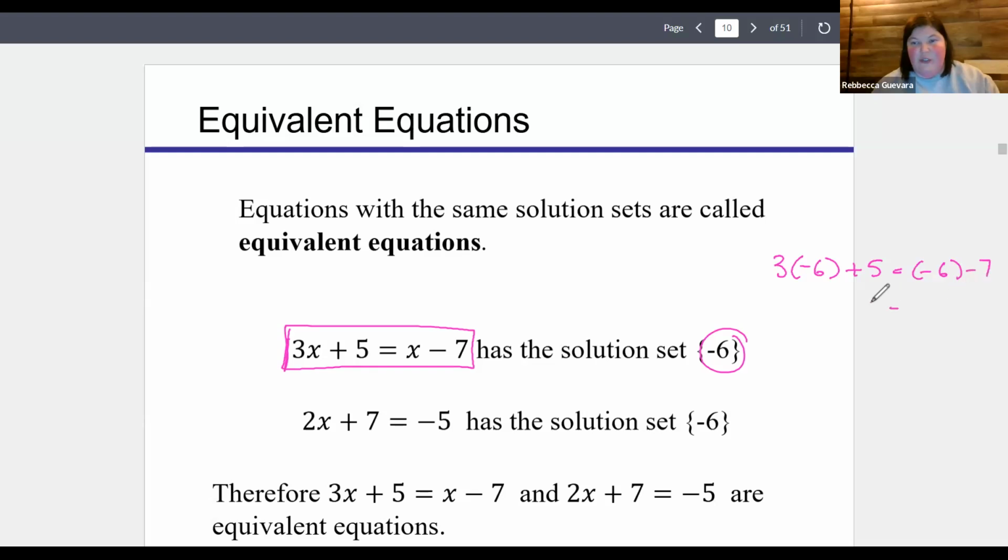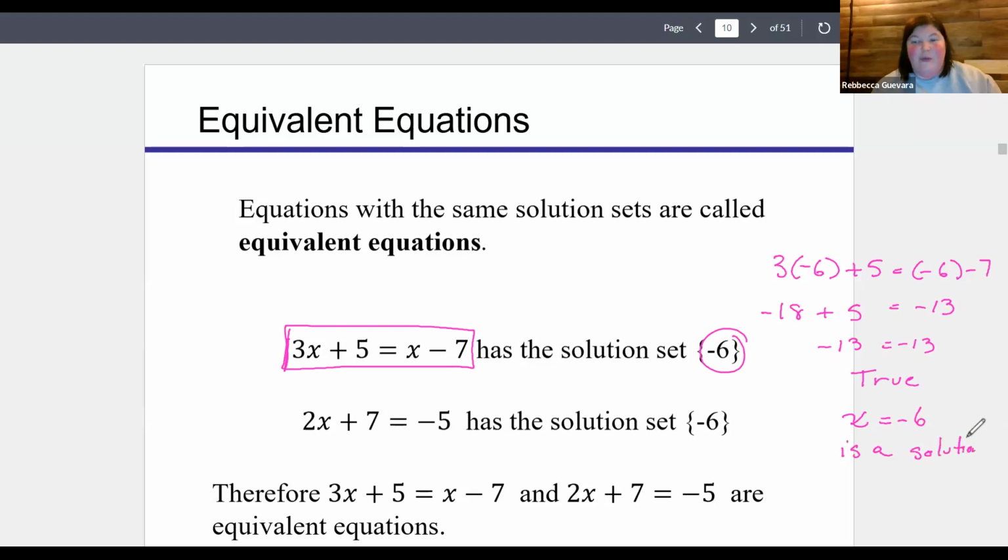We'll see if that's actually true. So we would have negative 18 plus 5 here, negative 6, negative 7. Negative 18 plus 5 is negative 13, negative 13. True. So that means that x is a solution.